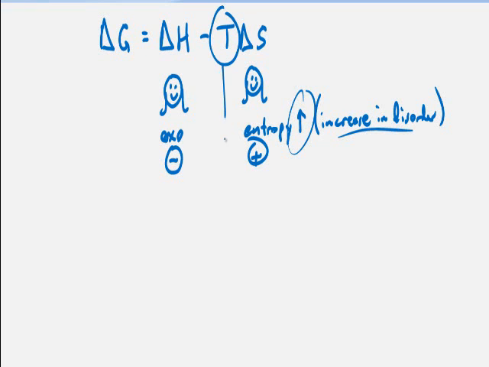Now the temperature scale that's used in this calculation is always going to be temperature in Kelvin. Now one of the things about the Kelvin temperature scale is the temperature is always going to be a positive value. There are no negative Kelvin temperatures.